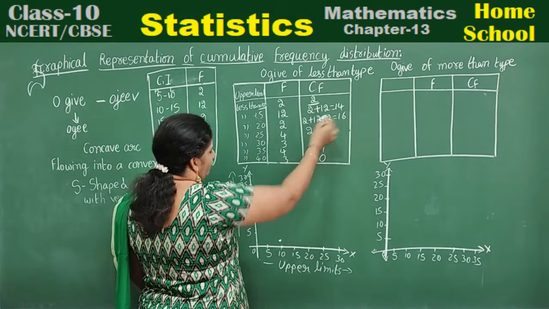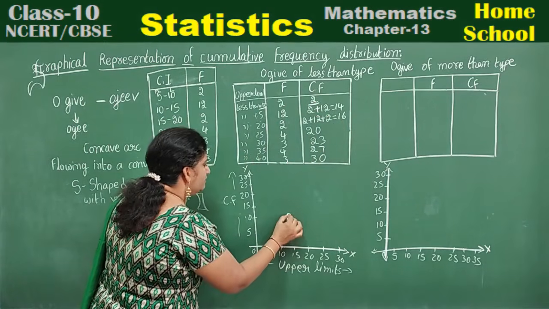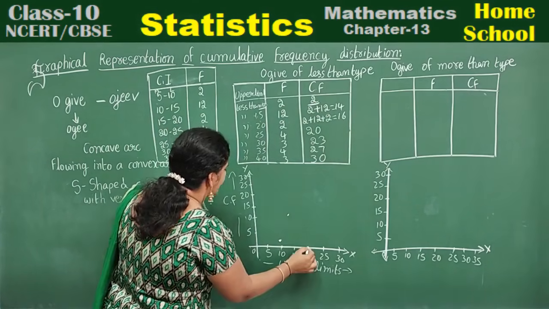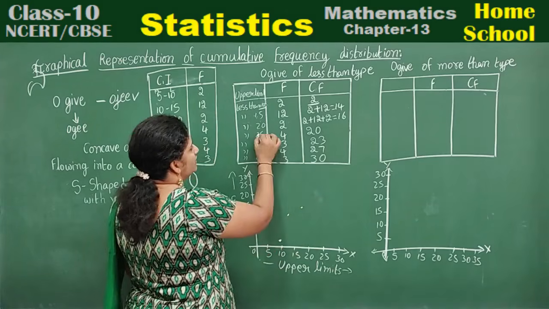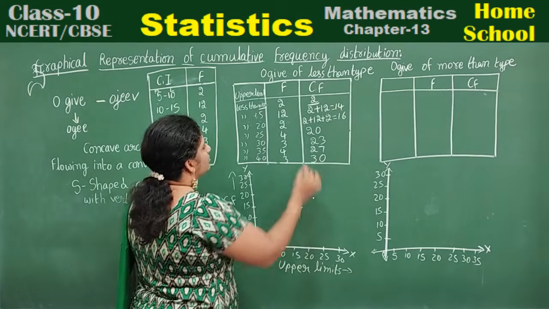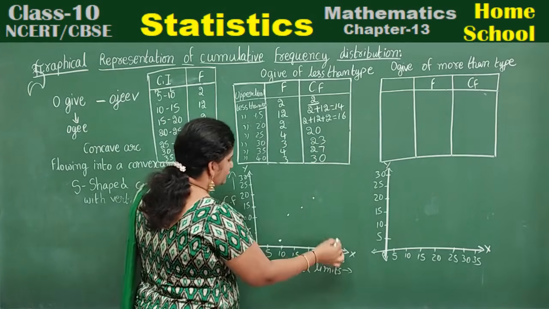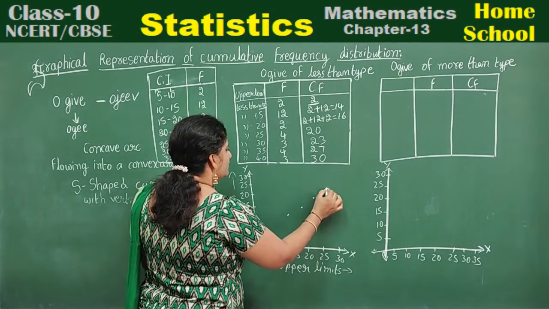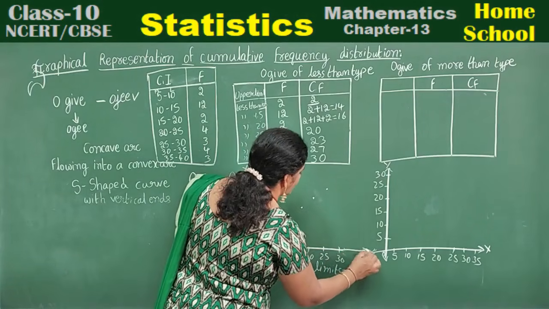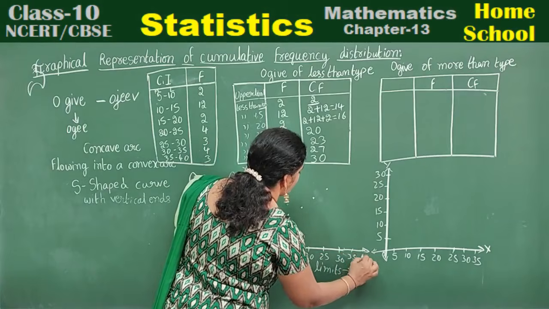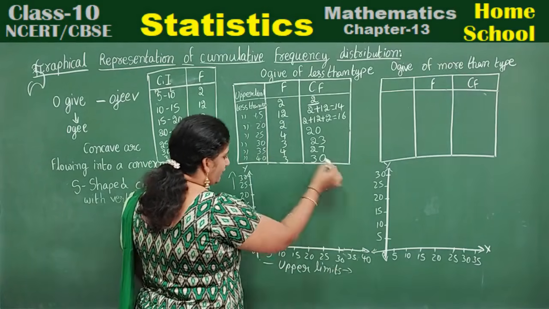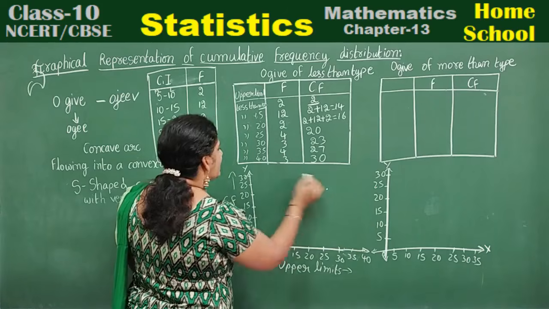15, 14. Then 20, 16. 25, 20. Then 30, 23. And you need to extend still up to 35, 40. Now, after 30, what do you have? 35, 27.